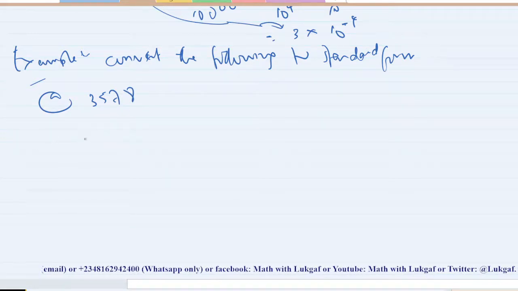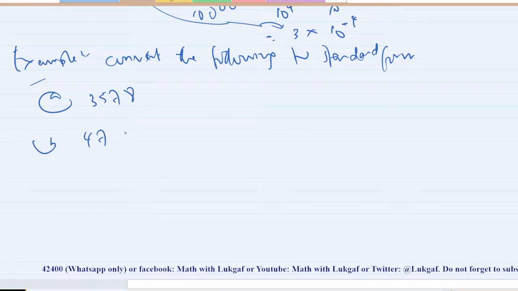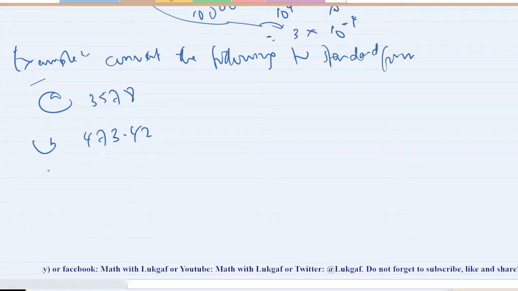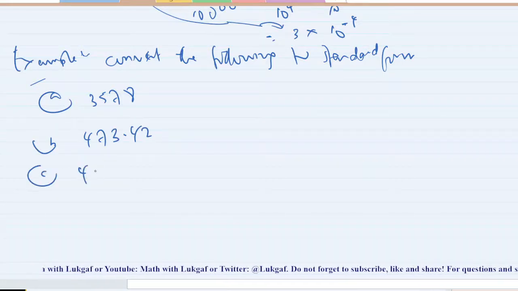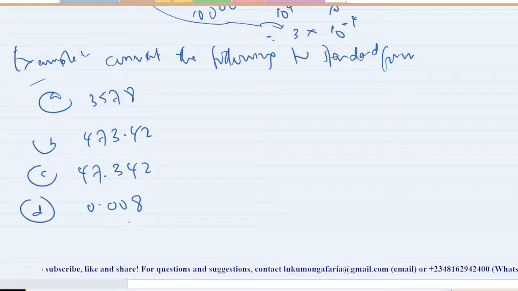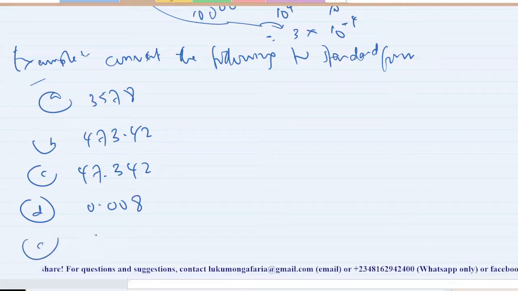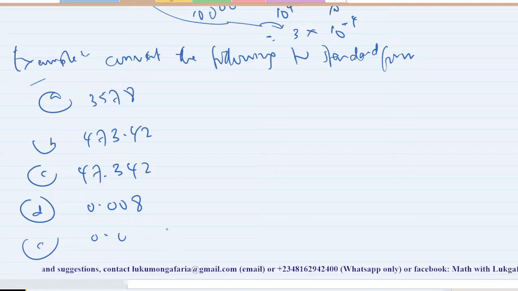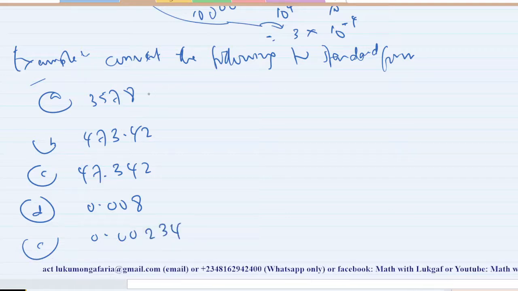Number 2, I have 473.42. Then 47.342, and D, 0.008, 0.00234.